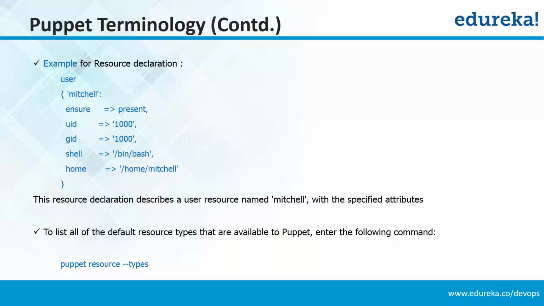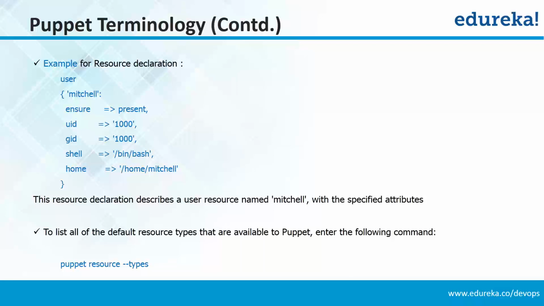By default, Puppet has a whole bunch of resources available to it. If you want to see the whole set, either go to the documentation, or better still, go to the command prompt and just type puppet resource --types.